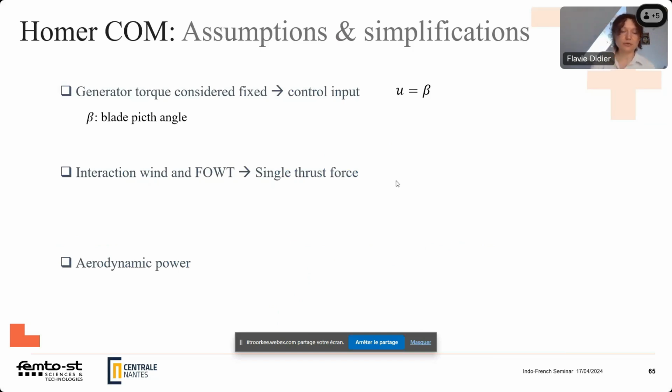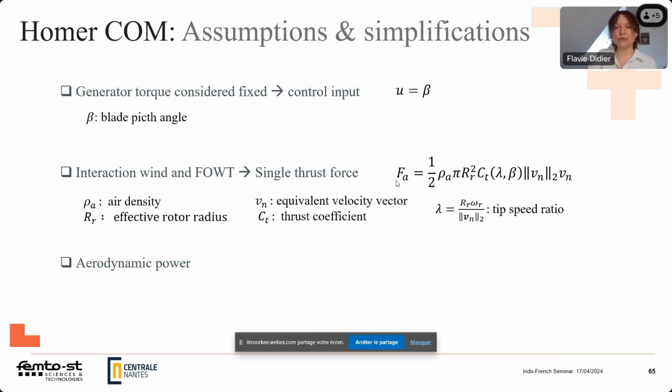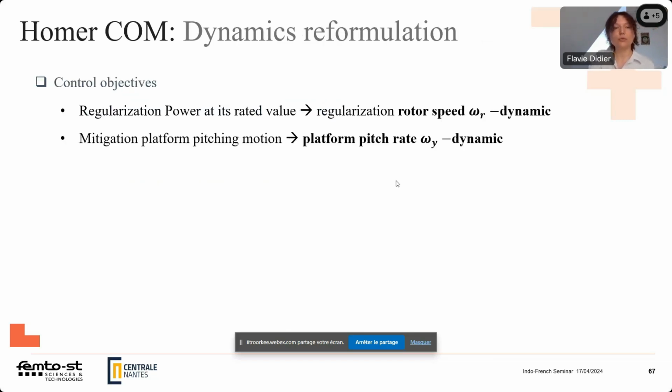For the interaction between the wind and the floating offshore wind turbine, here the aerodynamic power is expressed as follows, and we have the CP coefficient. So to be able to synthesize control objectives, we need to reformulate the rotor speed dynamic and the platform pitch rate dynamic, so omega R and omega.